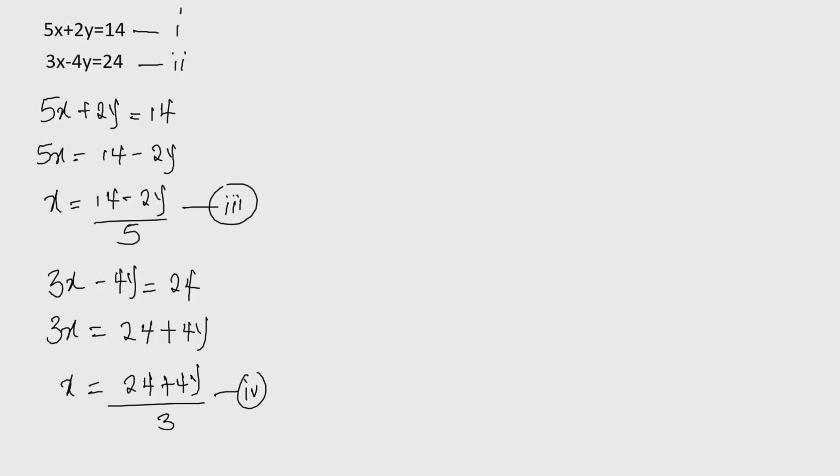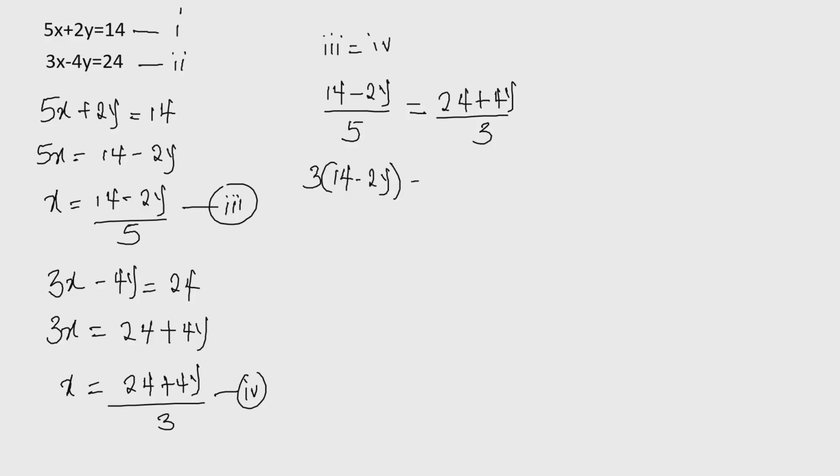So what you do next is you equate equation 3 to equation 4. By doing that, you are going to have 14 minus 2y divided by 5 is equal to 24 plus 4y divided by 3. Then you have 3 into 14 minus 2y, which is equal to 5 into 24 plus 4y.